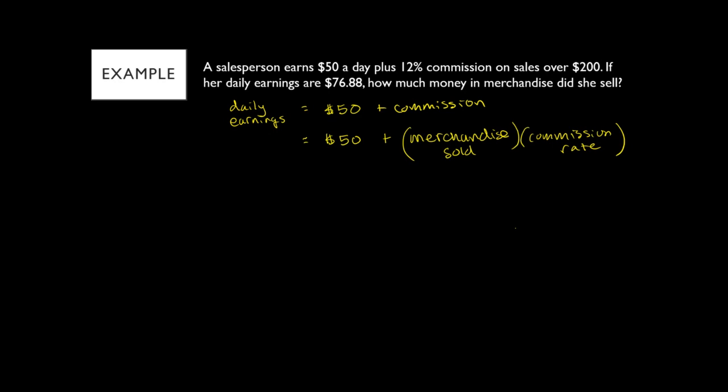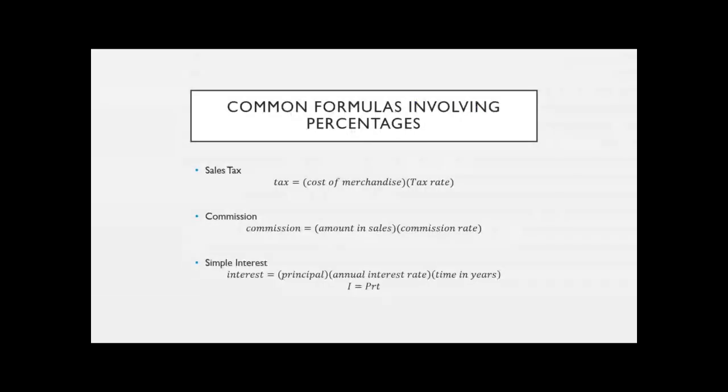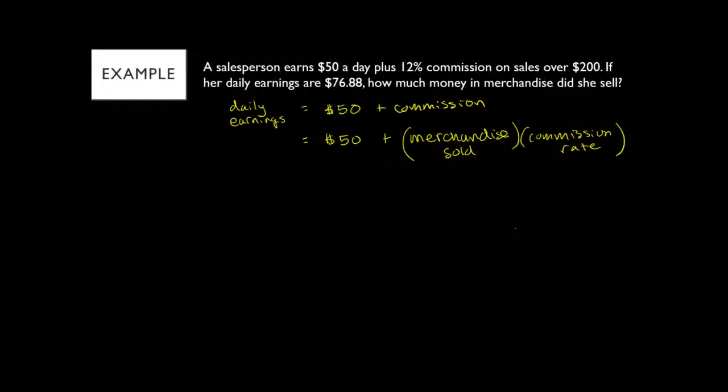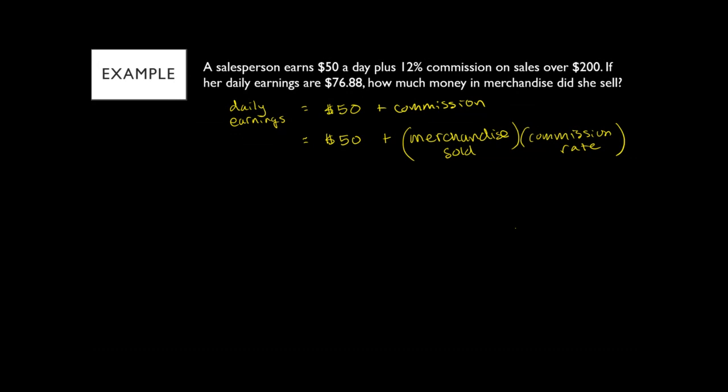And that goes back to that formula for commission. I mean, they have an amount in sales. I just wrote merchandise because that's the word that is used in our word problem. But I'm replacing that commission by the actual formula we have for commission. So I just plug that in, and then that gives us our daily earnings.